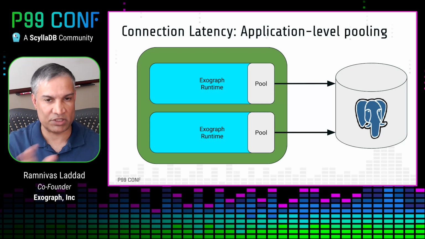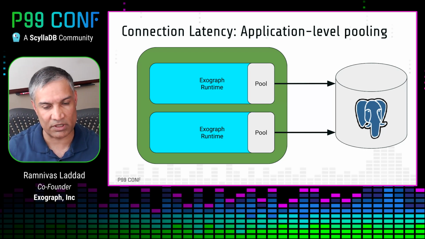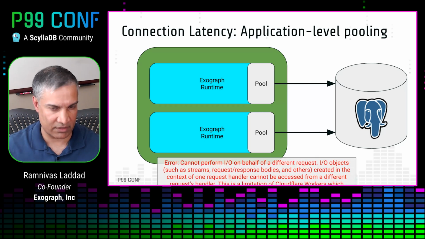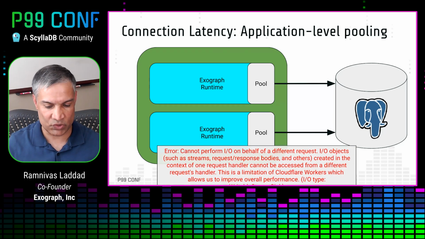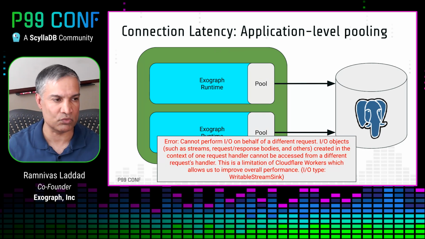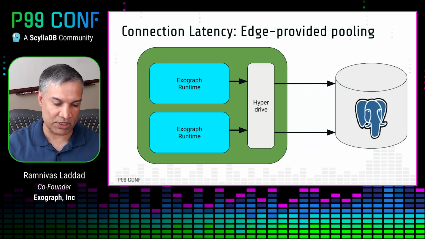When we tried this, because this is what we do for all our other target runtimes, we faced an error, which essentially says that you may not hold onto an outgoing connection between two requests. So the solution was to use Hyperdrive, which is a pooling solution made available by Cloudflare Workers.